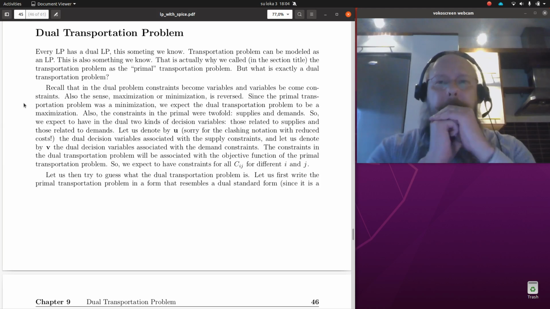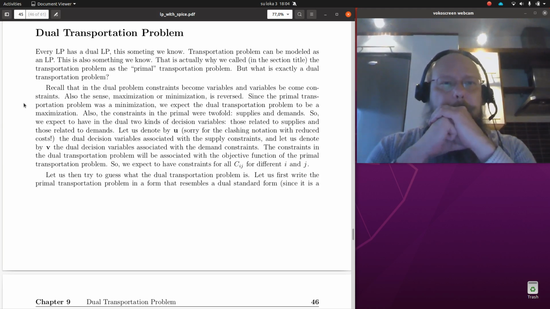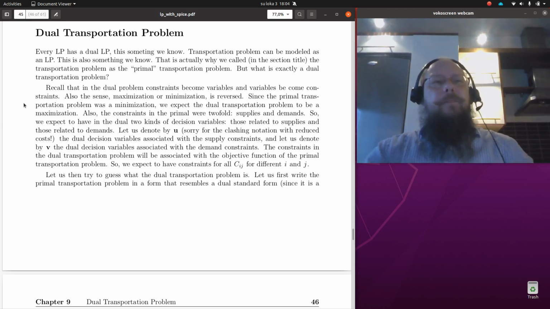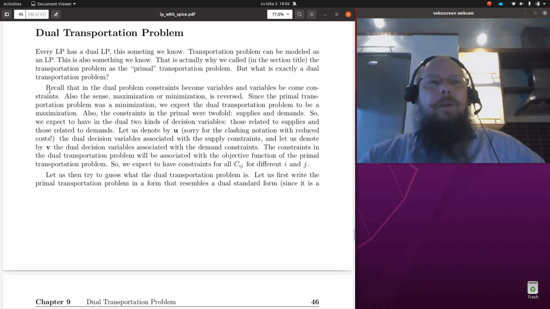To understand what is going on and how we should try to find this out, let's ask what the dual is about. In the dual problem, the constraints become decision variables. Decision variables become constraints.